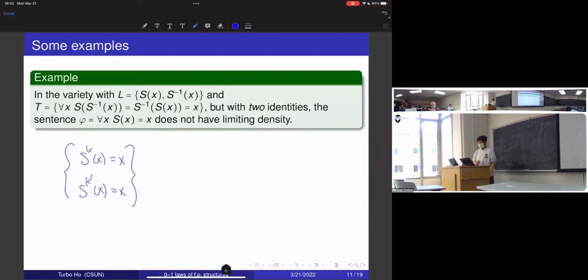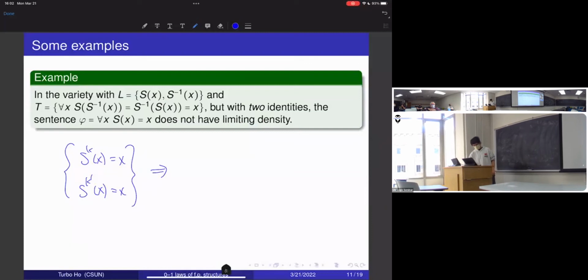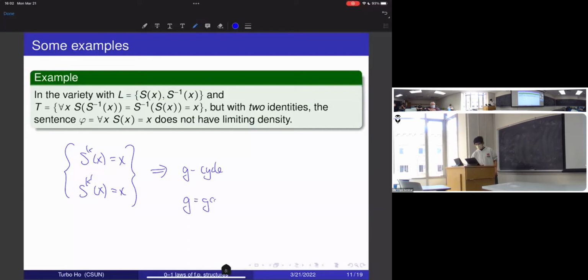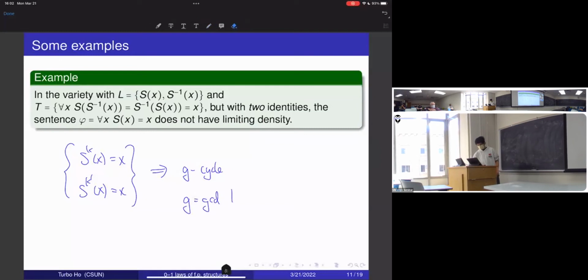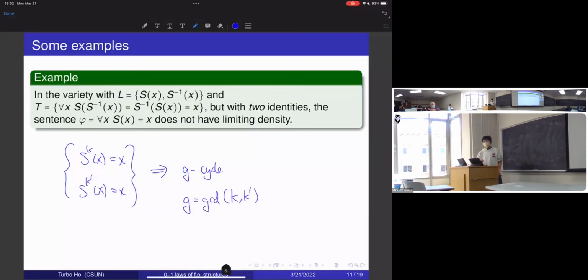So if you have a presentation where both of these identities are true, then it will actually look like a G cycle, where G is an integer, where G equals the GCD of k and k prime. So this is sort of a straightforward Euclidean algorithm proof.